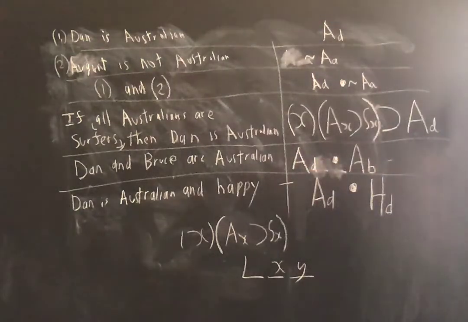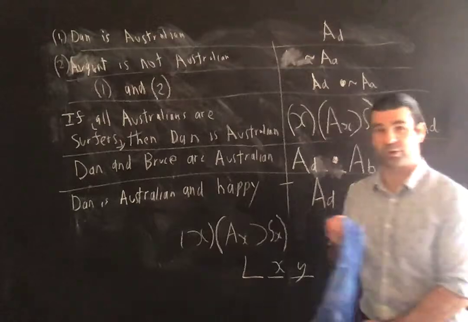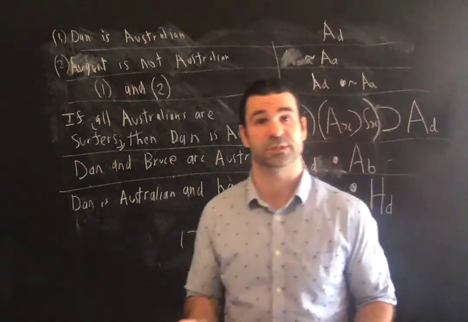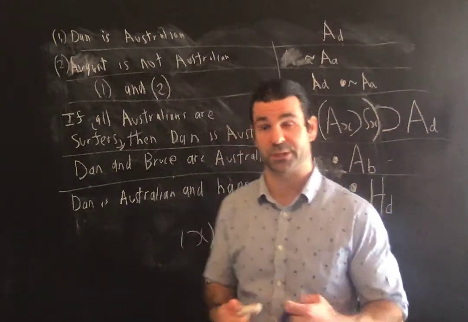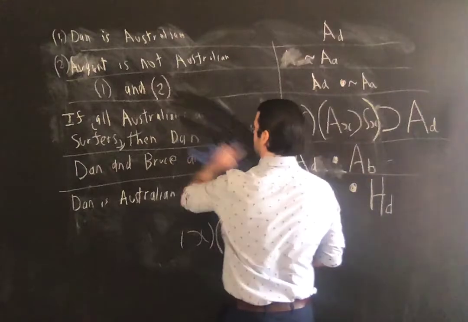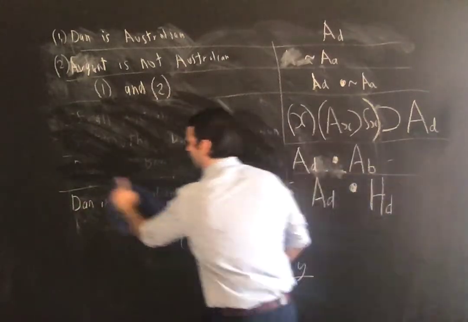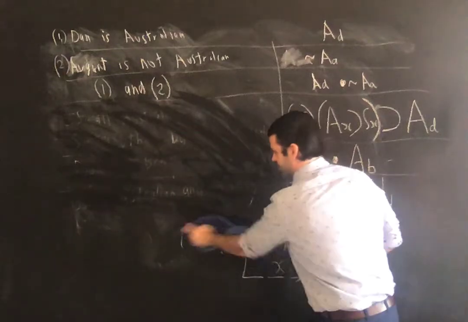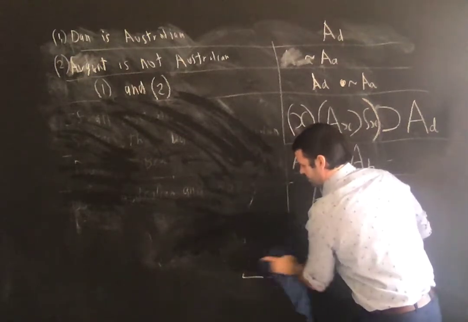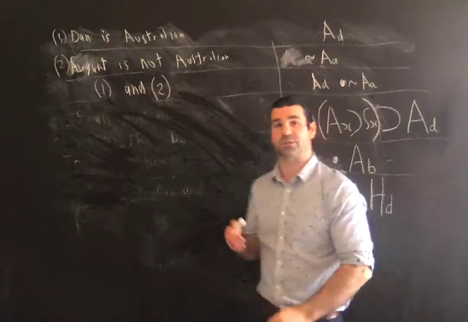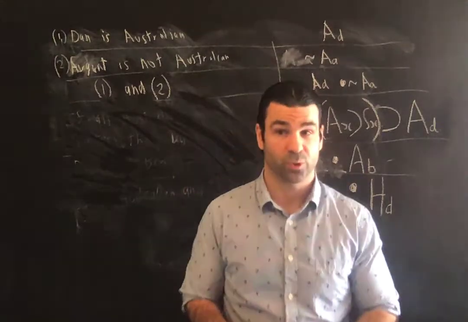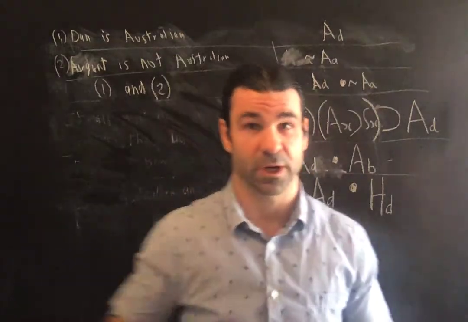I said that you could obtain a propositional function from a singular sentence. How? Delete the name and replace that name with a variable. But notice there are certain singular sentences which could give you several different kinds of propositional functions.